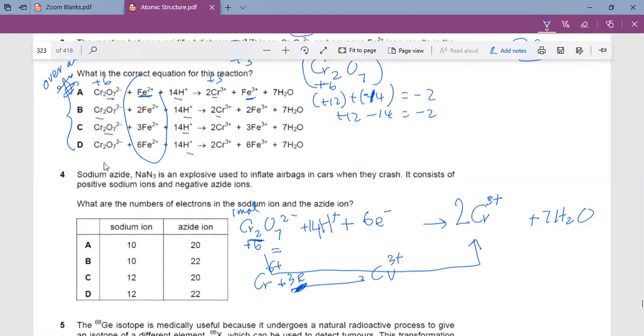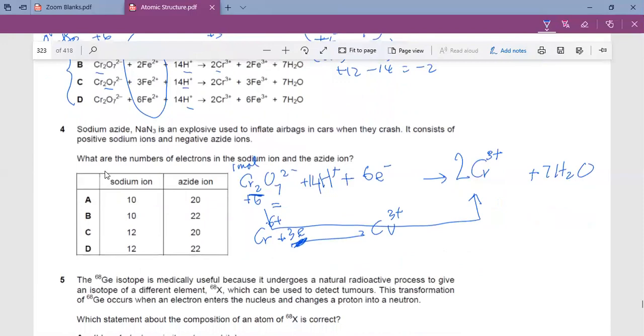Understand? Okay, so I'm going to rewrite this equation again. I'll put in red. So finally we put here Cr2O7 2 minus plus 14 H plus plus 6 electrons will give you, of course, 2 Cr3 plus 7 H2O.